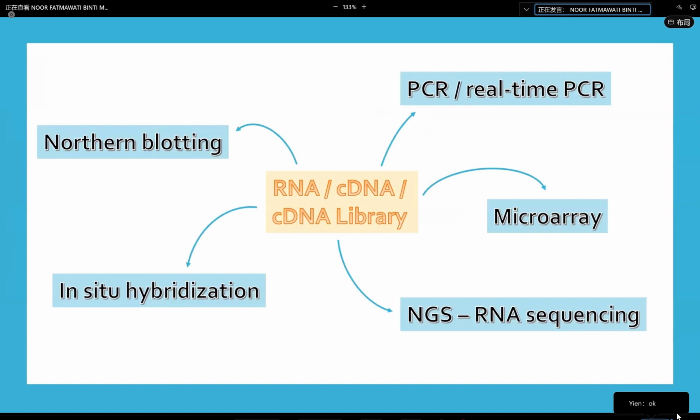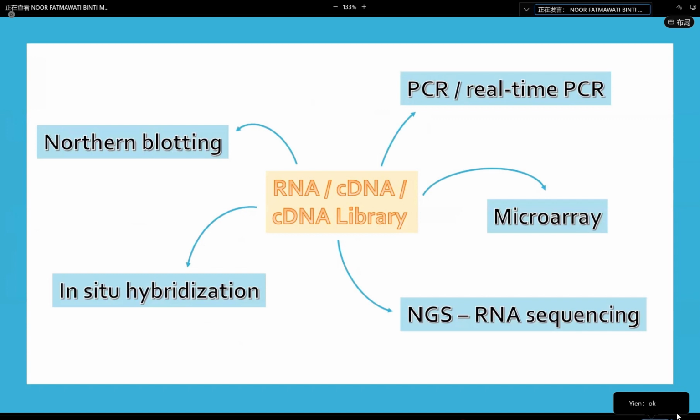If it's amplification free, the term that is usually used is hybridization. Hybridize, bind to, okay? Amplification free, hybridize; amplification dependent, meaning you amplify.